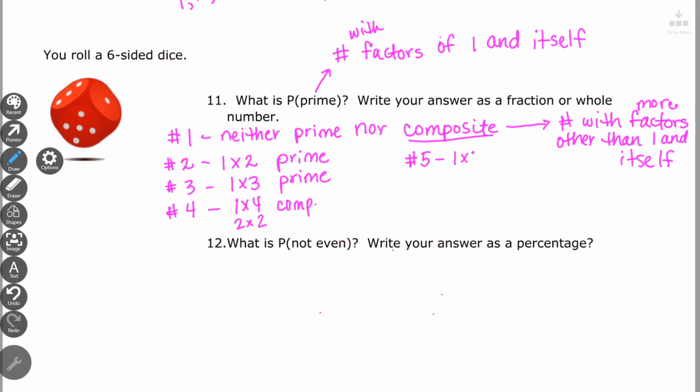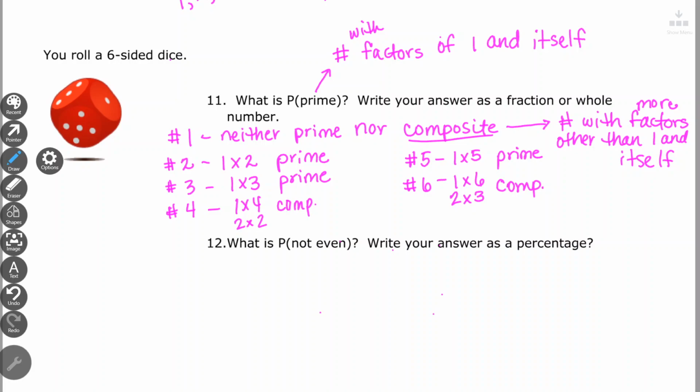Well, we can say 1 times 5, and there are no other factors, so by definition, the number 5 is prime. What about the number 6? 1 times 6, and we can say 2 times 3. Those are all 4 factors of the number 6. So it has more factors other than 1 and itself. So this one, by definition, is composite.